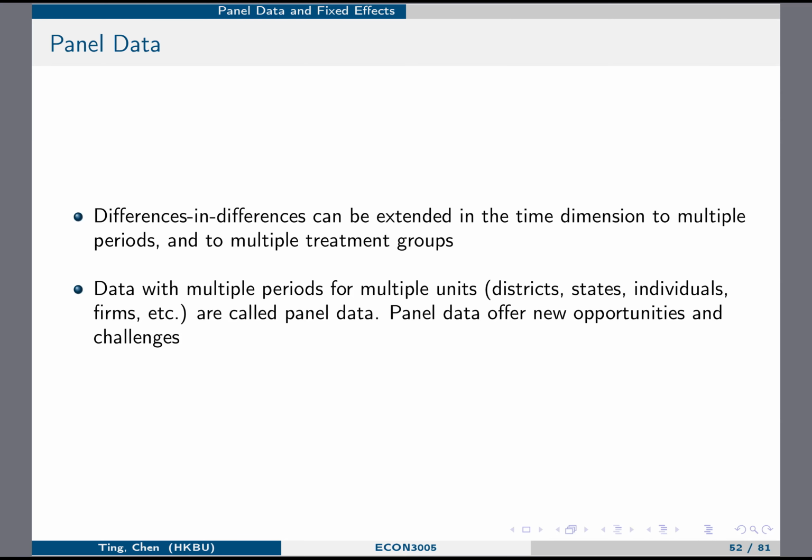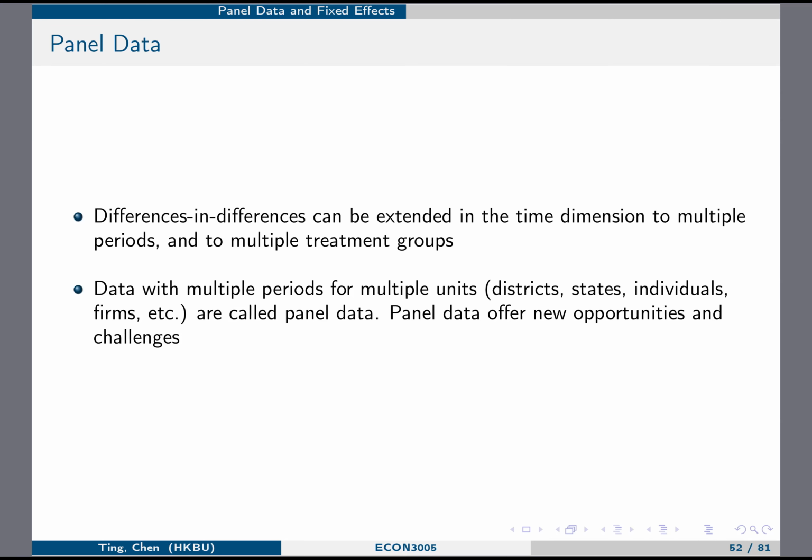Like in the case of the legal drinking age, that extends in both the year and state dimensions. So data with multiple periods for multiple units, may these units be states in our example, or in other cases districts, and also individual data. If we have a panel survey, for example, we check the individual's household for several years.